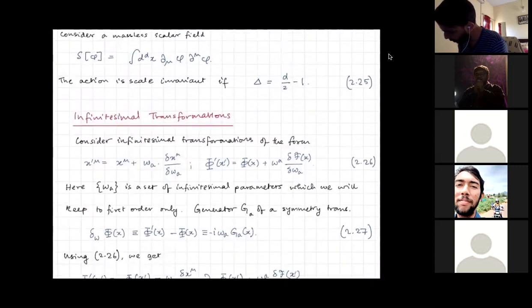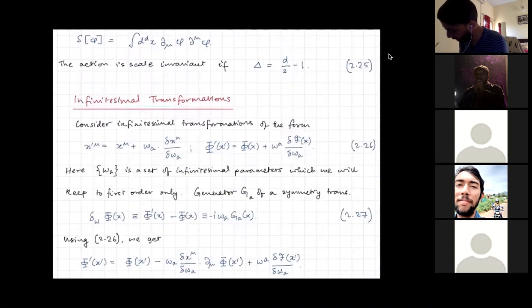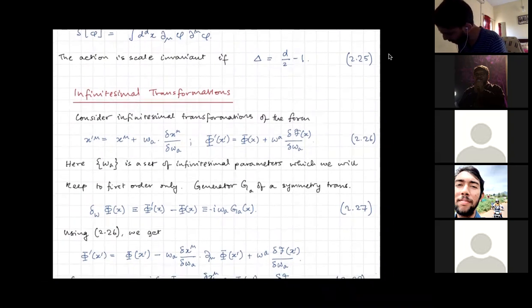I didn't define it with a commutator earlier, I guess, or maybe I did.